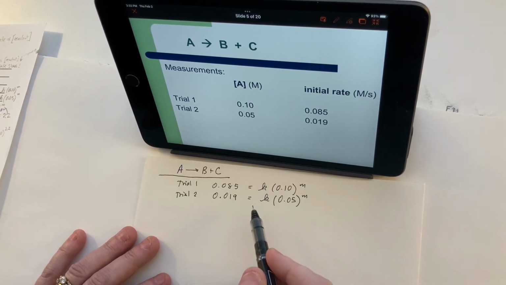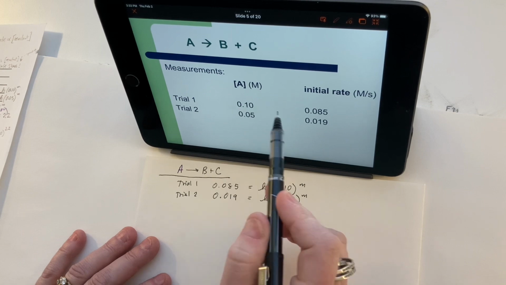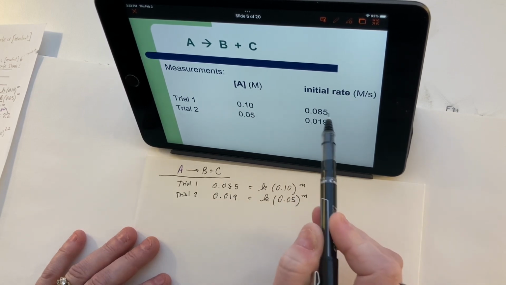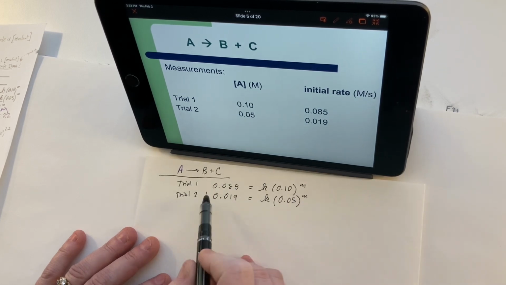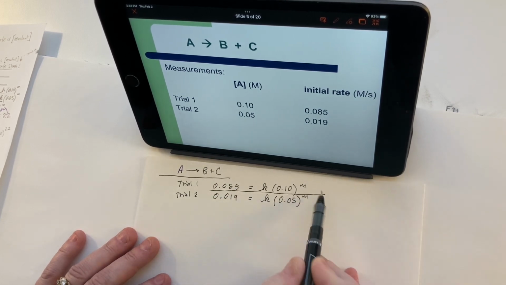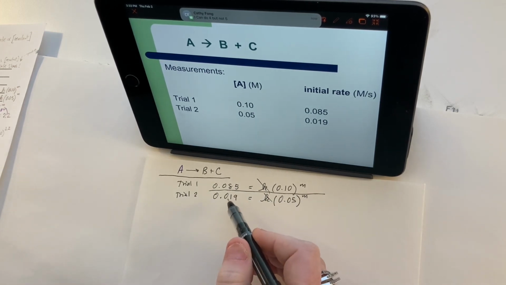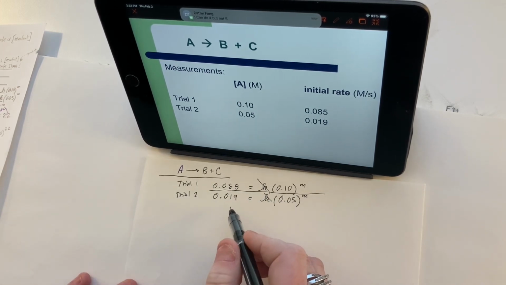So what do we do? We'll try to eye it up a little bit. Looks like you cut that in half. All right. Well, let's go ahead and calculate. Let's divide the 2 equations. That cancels the K's, and so we have 0.085 divided by 0.019.